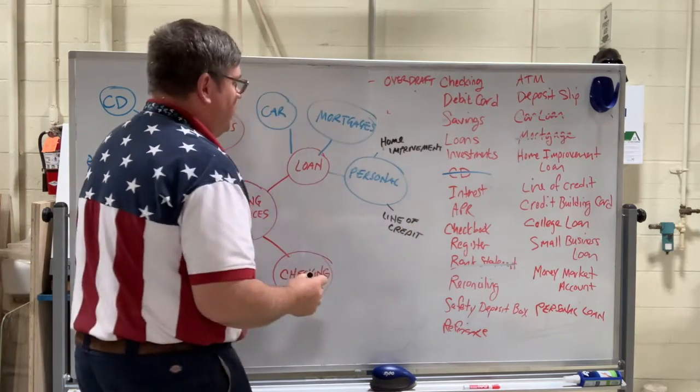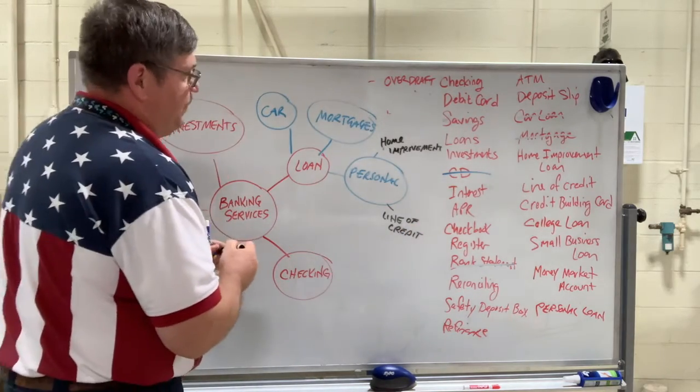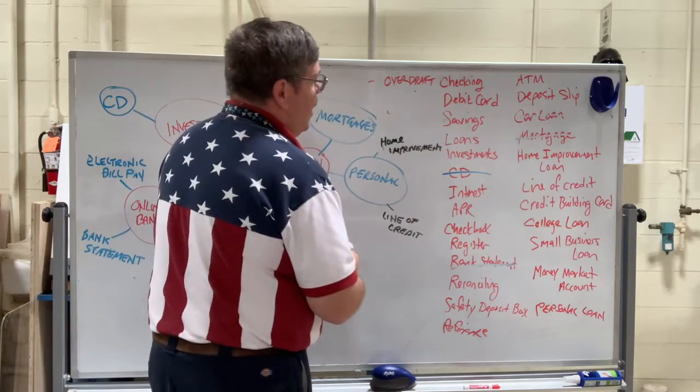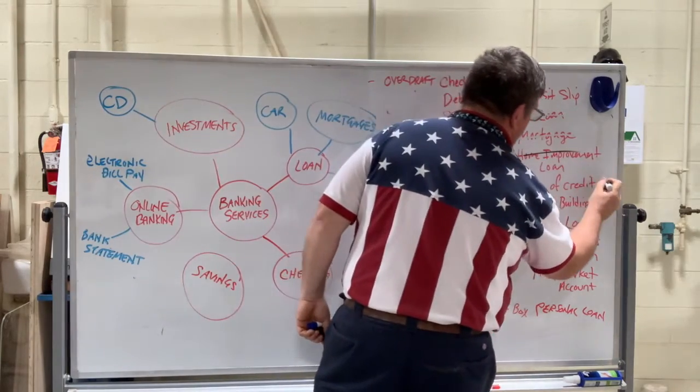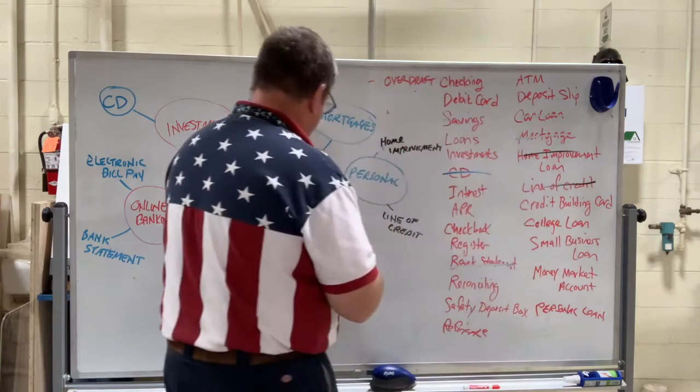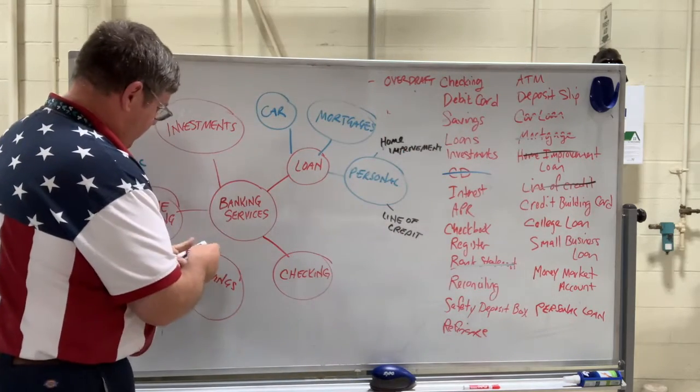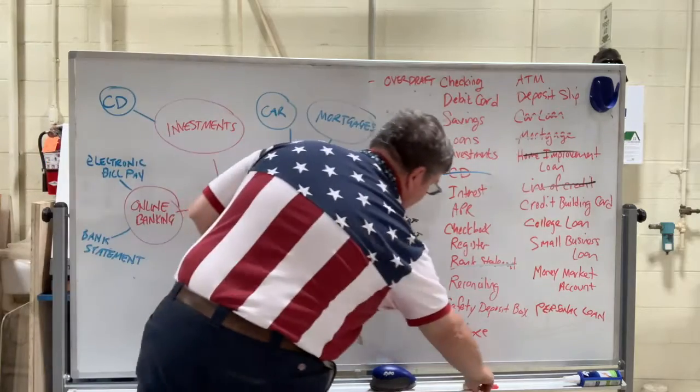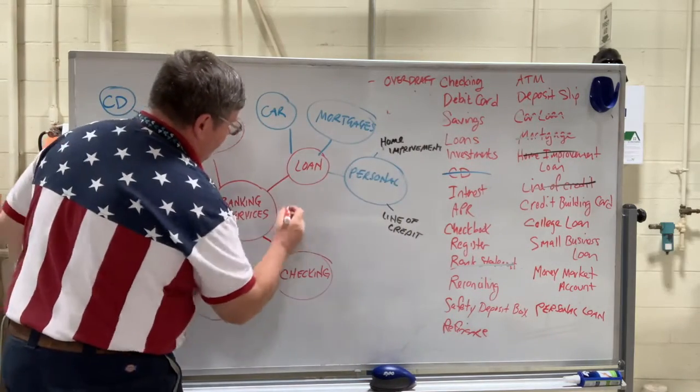That is definitely for a personal loan. Let's see, we can knock off some of these. We get home improvement loan, line of credit. There's another service I didn't think about. And I will put it down here.